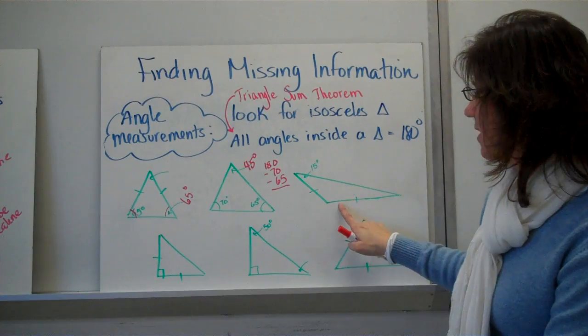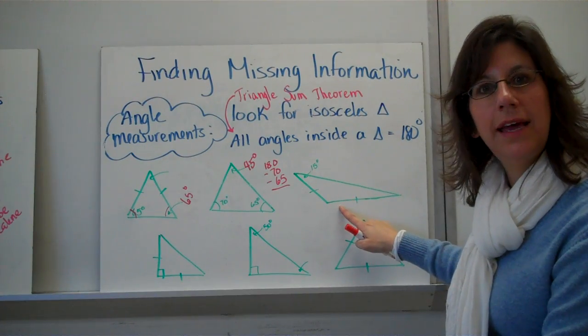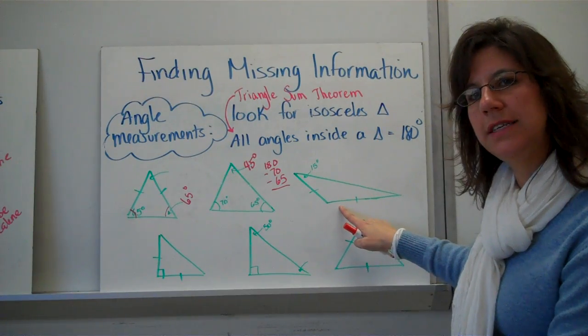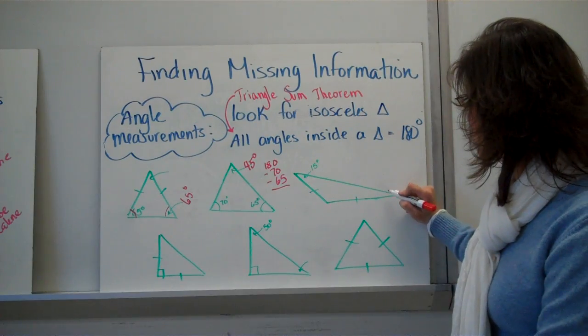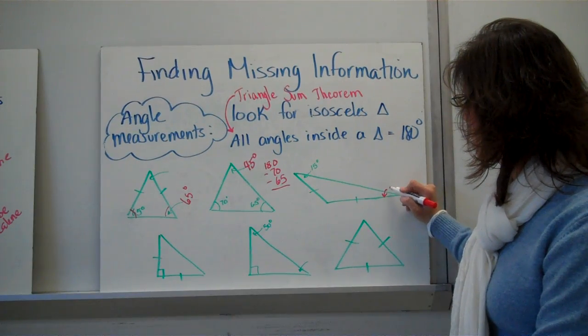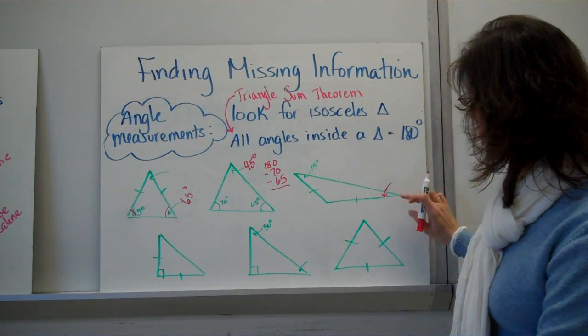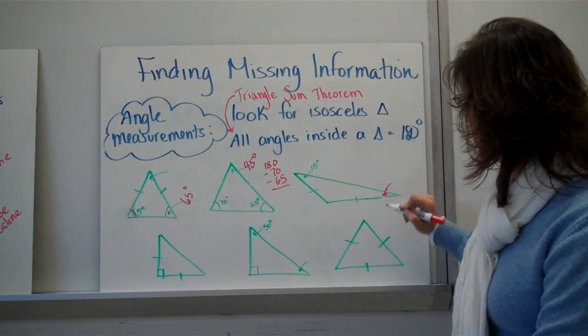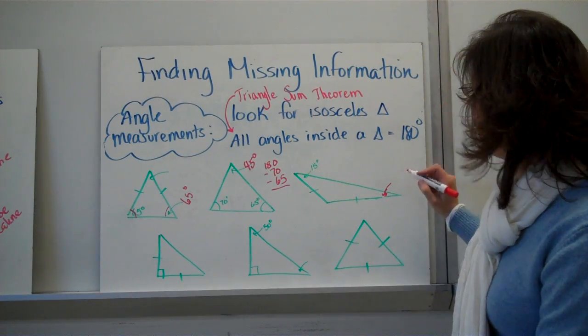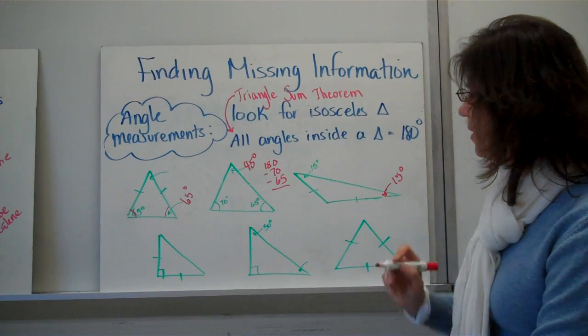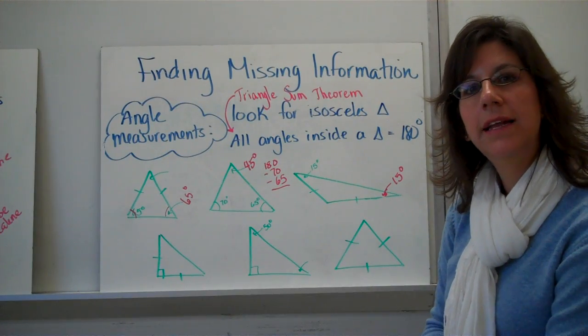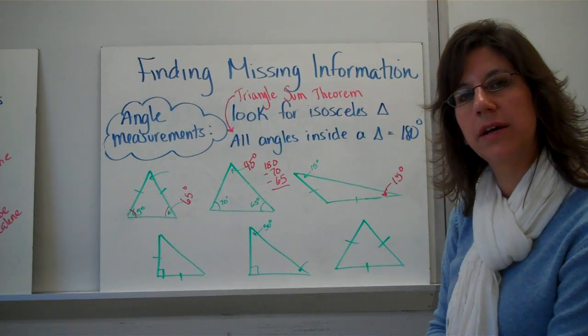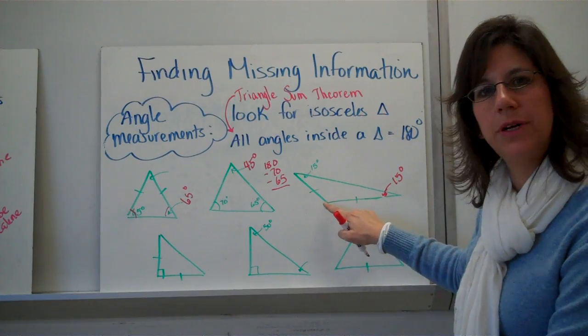All right, take a look at this one. It has tick marks, so go ahead and see if you can find the missing angle measurement. We're going to look for this one right here. Did you get 15 degrees? Very good. Now, can you also use the triangle sum theorem to help you come up with this one?